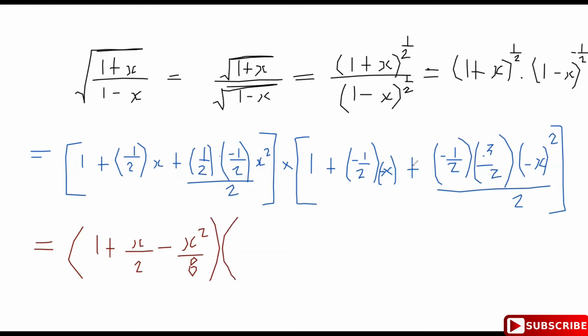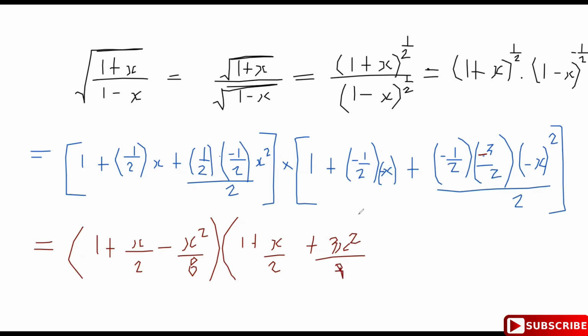Multiplied by this part, which simplifies out to 1 plus x over 2, and then let's simplify the rest. Minus 1 times minus 3 is plus, then we have minus x squared, so that works out to be plus 3x squared, divided by 2 times 2 times 2, that's 8.